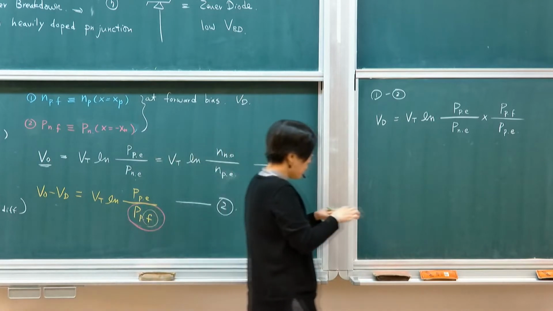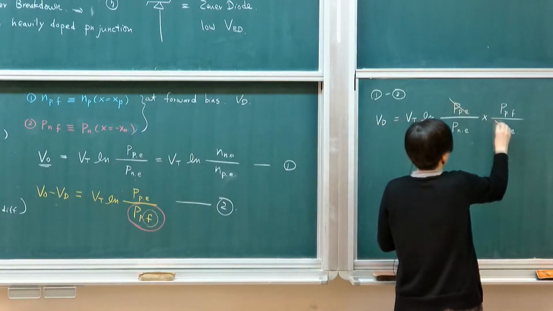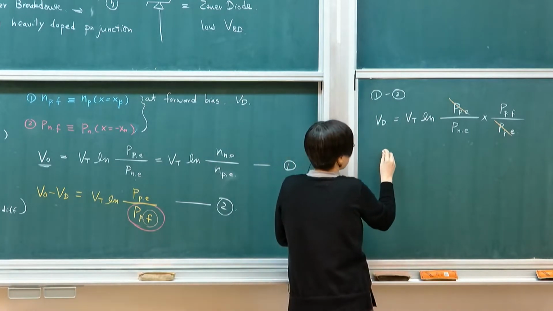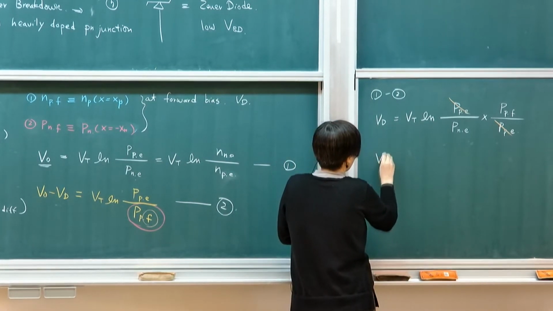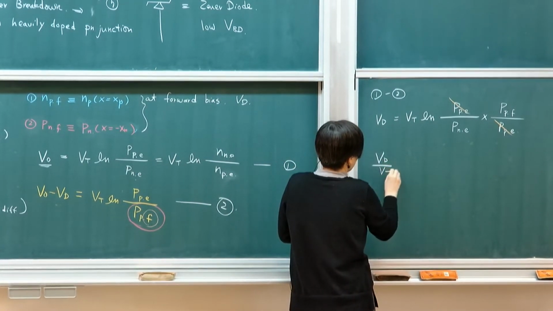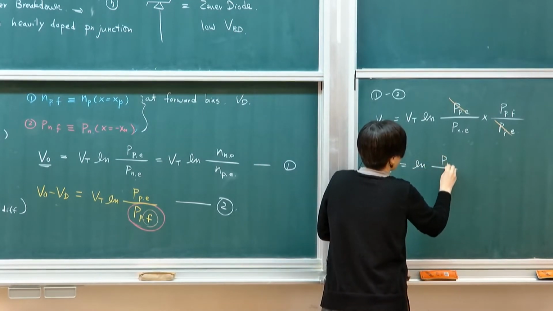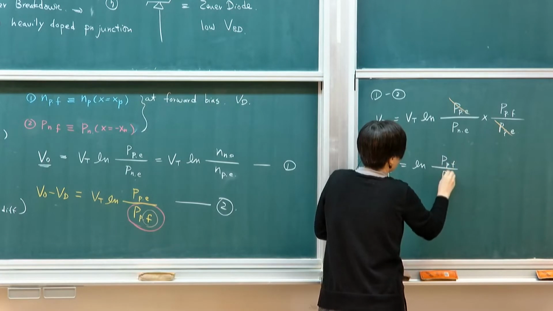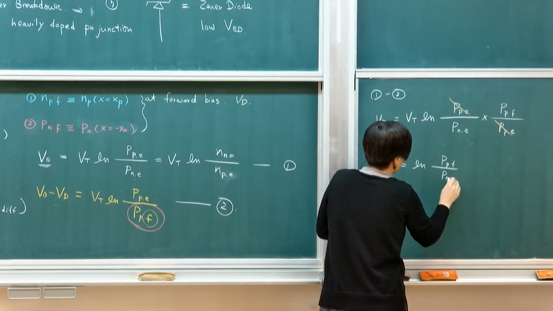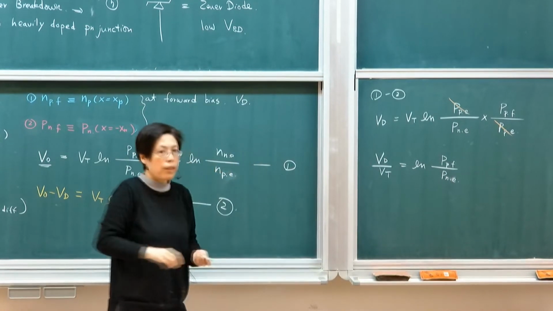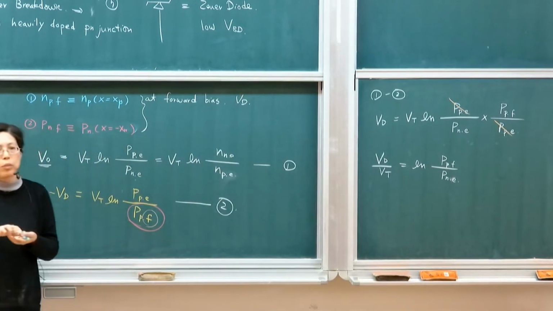So then I'm getting rid of this, and then my equation will become ln. So this will then give us a very important equation we're going to use a lot.